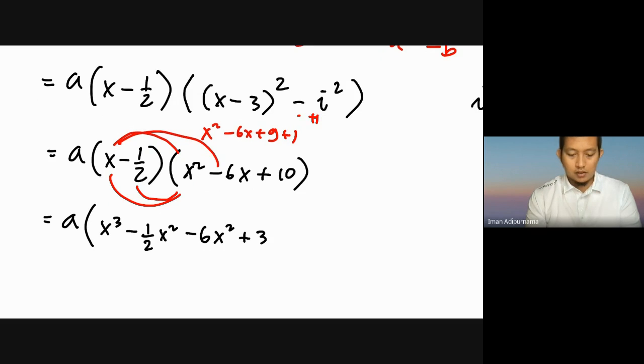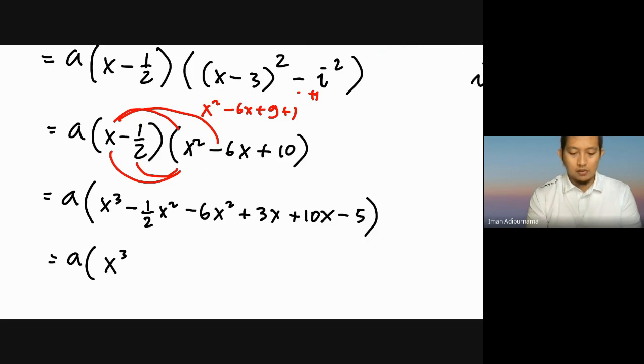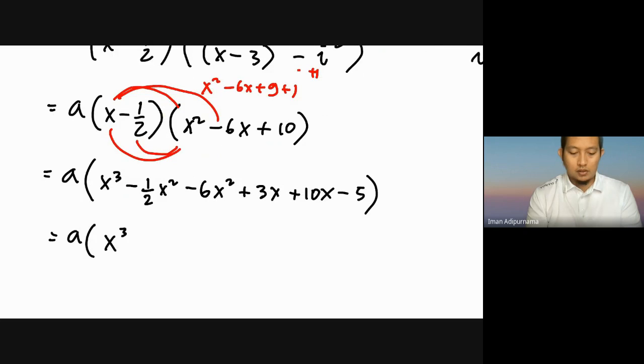Plus 3x plus 10x minus 5. This will be 13 over 2.